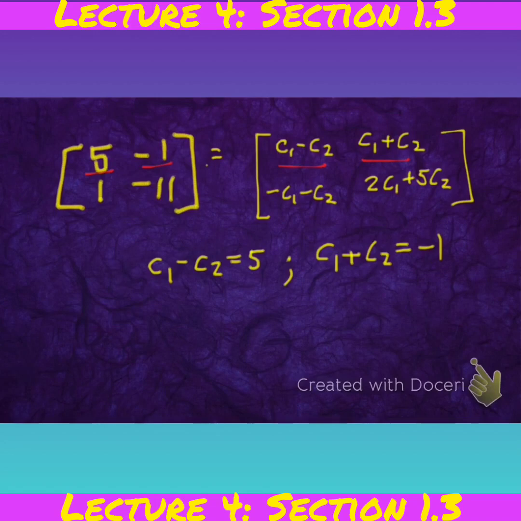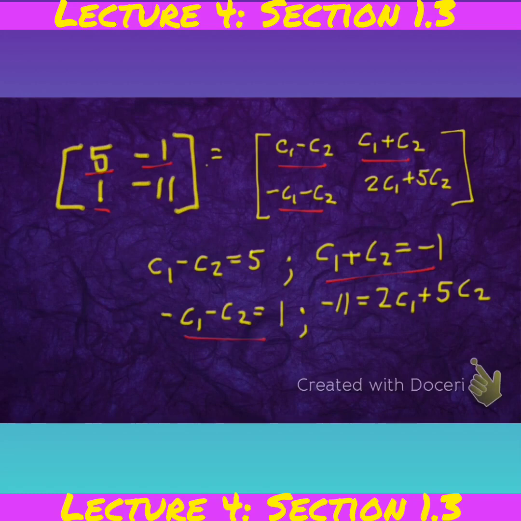And then again, this entry here needs to be equal to that entry there. So again, we already have that equation. That needs to be 1. And the last one is minus 11 needs to be the same as 2C1 plus 5C2. Okay, so these two equations are basically the same.